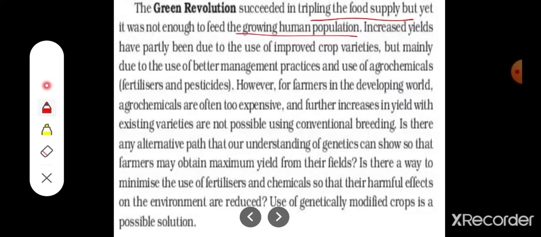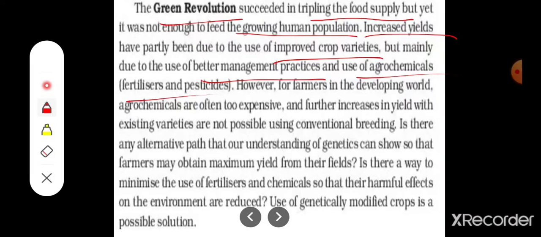Okay, and how did the increased yield happen due to the green revolution? The increased yield was partly due to the use of improved crop varieties, but mainly due to better management practices and also the use of agrochemicals, that is fertilizers and pesticides. How were we able to increase the yield?